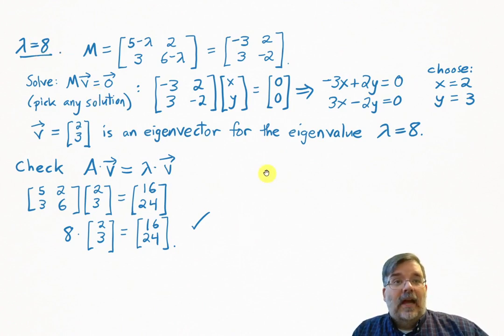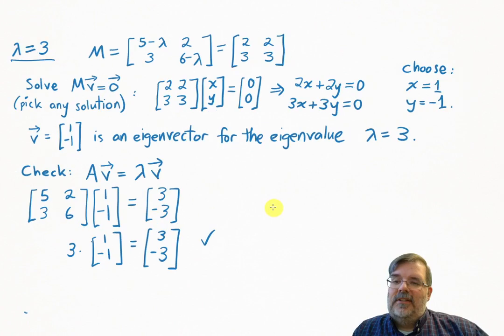There's one more eigenvalue we can investigate here. We also found that lambda equals 3 is of interest. So again, starting with the matrix M, plug the eigenvalue lambda equals 3 in here and in here. When you subtract, you'll get 2, 2, 3, 3. And we need to solve the equation M times vector V equals a 0 vector.